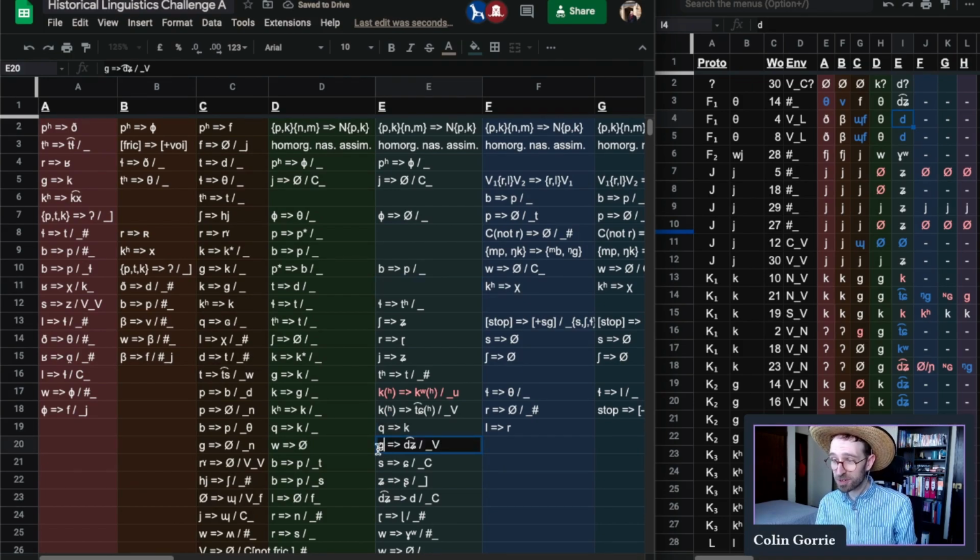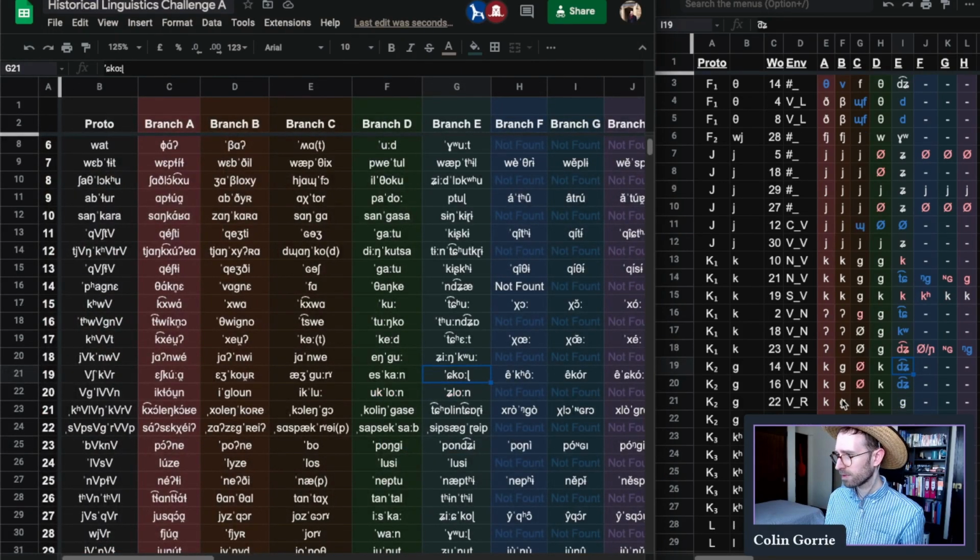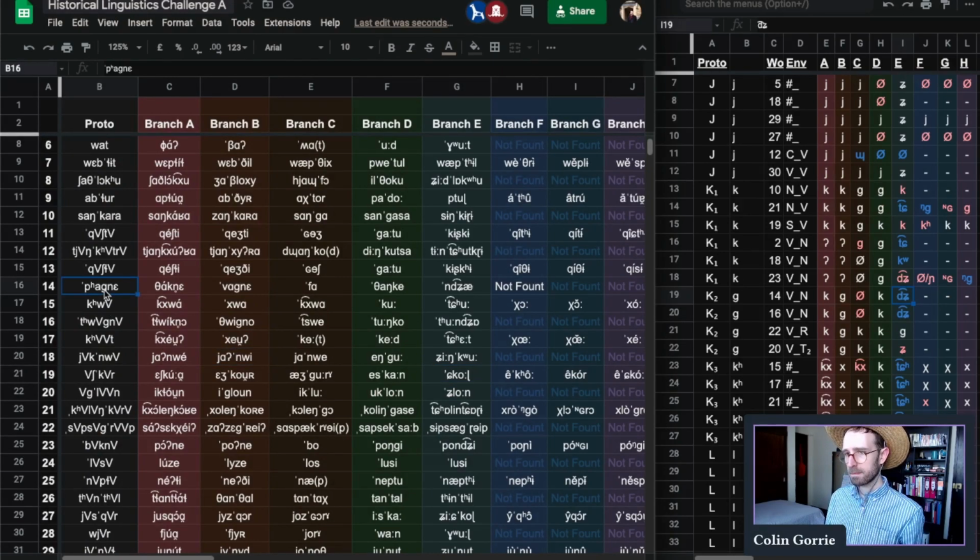We already have the rule that changes g to j before a vowel. And I think it's probably just before a front vowel. Let's see. 14 and 16 are the words that are relevant for that. Pagne un jaw. Maybe it's just before a vowel, because that doesn't look very front to me. It's like the least front thing in the world.